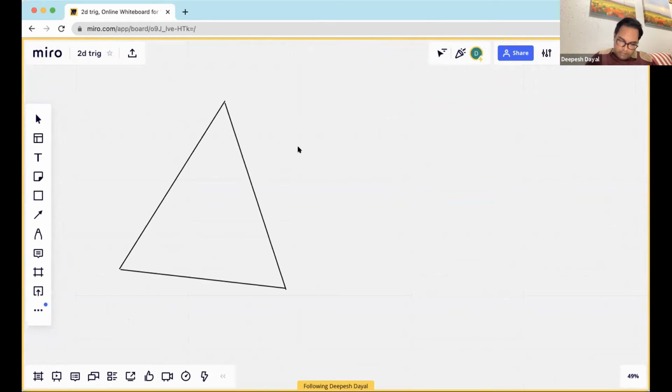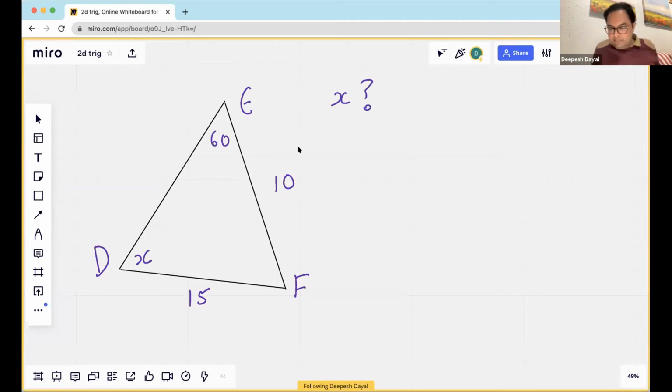Let's label it D, E, F. This is 10, this is X, and this is 15, and this is 60. I want you to find X. I'm going to give you 3 minutes to do this, and you can give me an answer and let me know what X is, right?